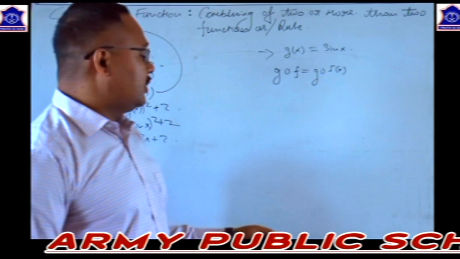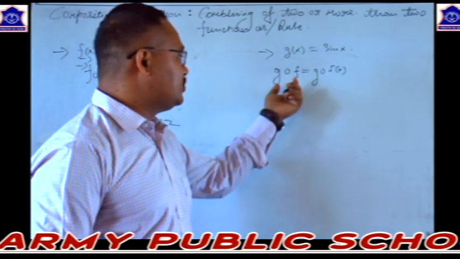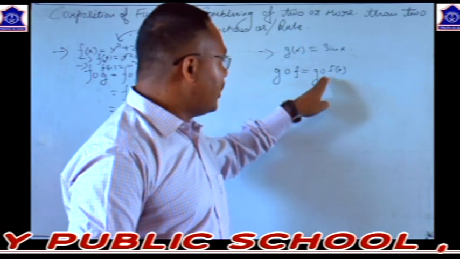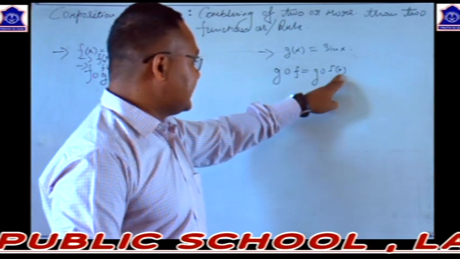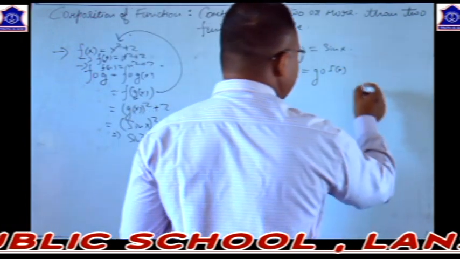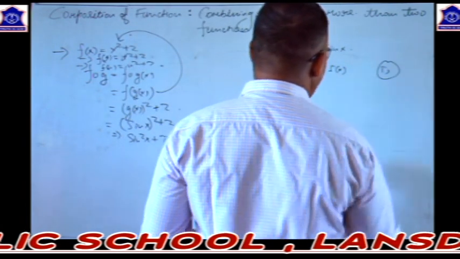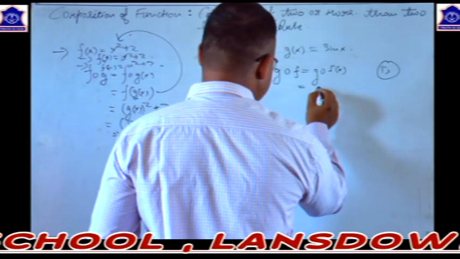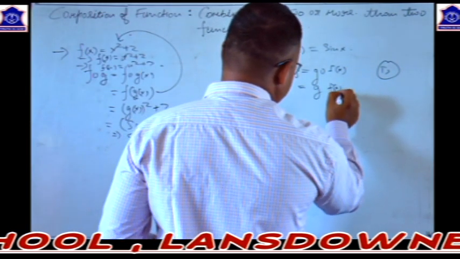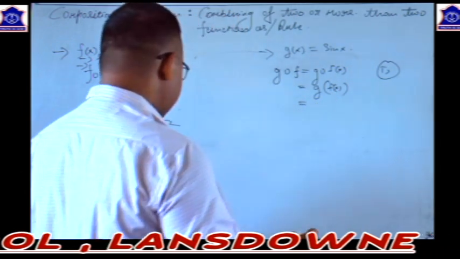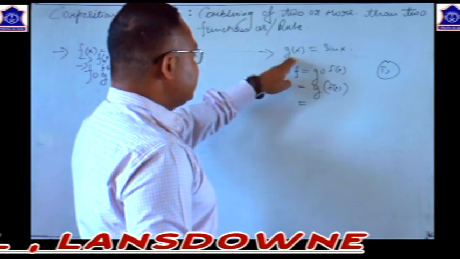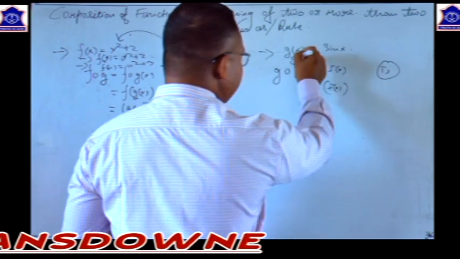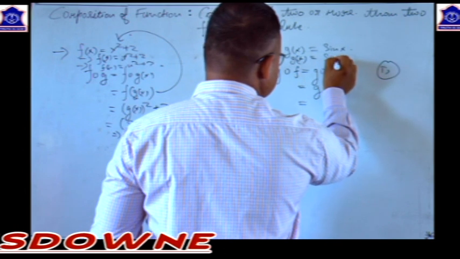Coming to another combination of functions, that is GOF, which is pronounced as g of f(x). Now here the x is the element of domain of function f(x). So combining this we get g of f(x), and you know that g(x) equal to sin x, so g(t), अगर g(t) होता x के बदले t होता तो क्या होता? sin t.